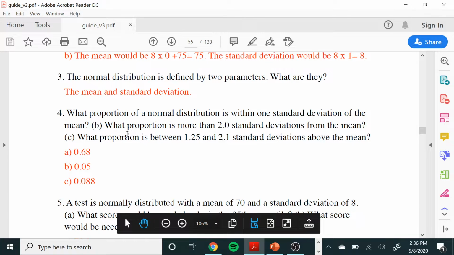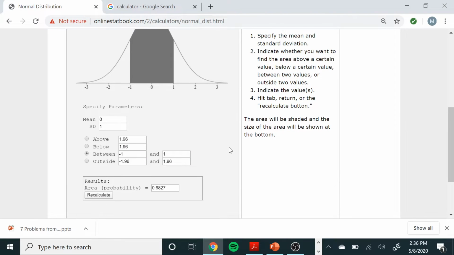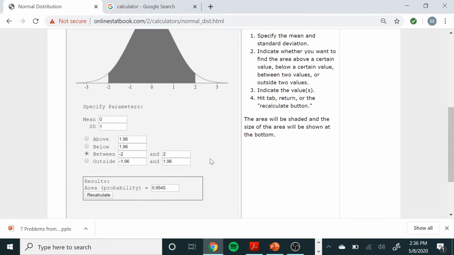Now, let's look at some of these other questions. B asks, what proportion is more than 2 standard deviations from the mean? For 2 standard deviations, we'll just change this to -2 and +2. Now this isn't the area that's more than 2 standard deviations. That is within 2 standard deviations of the mean.